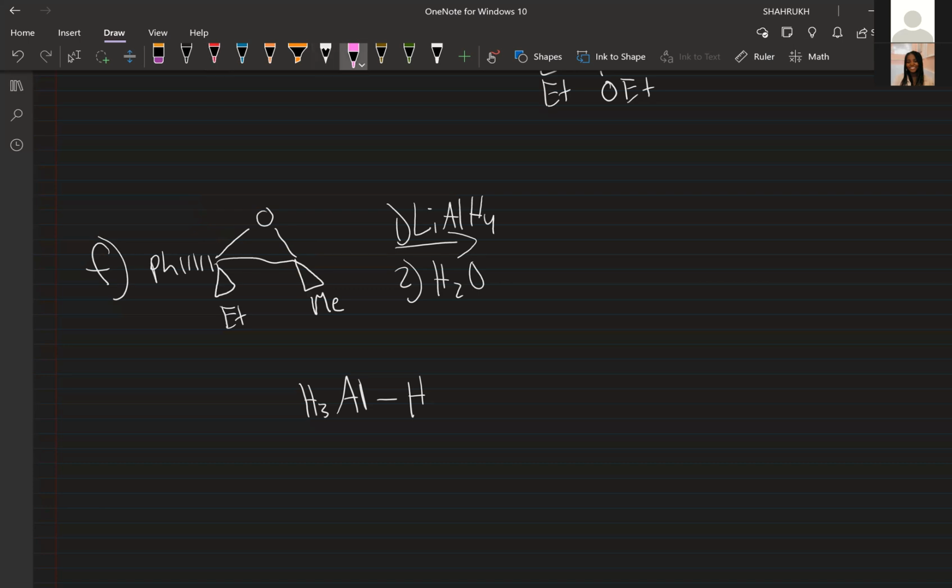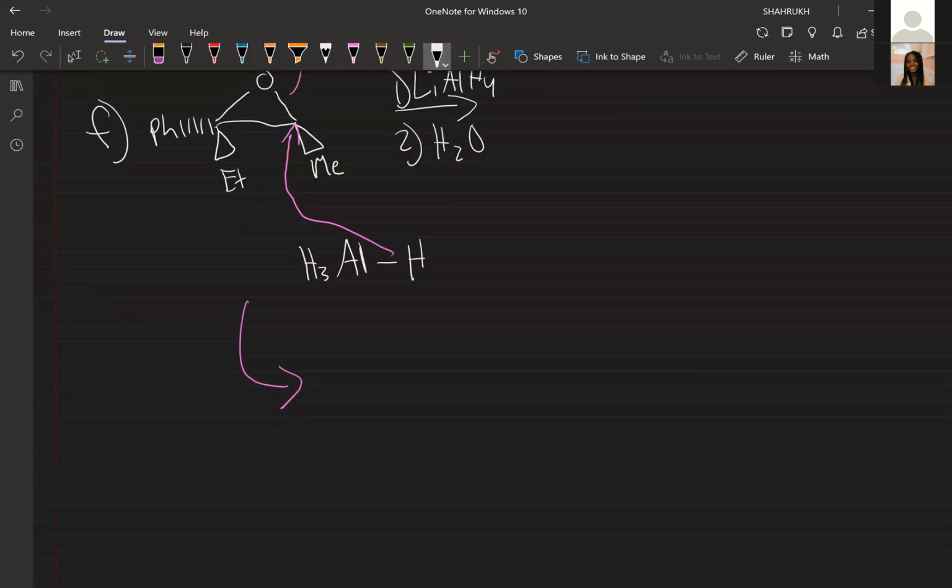Okay, so let's draw the electrons. It goes here. Let me draw that arrow a little better. So it's attacking that carbon and breaks open this bond, and now we get our first intermediate, which is similar to that last product we drew.